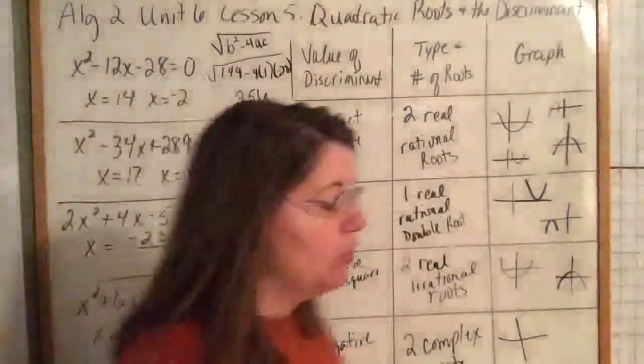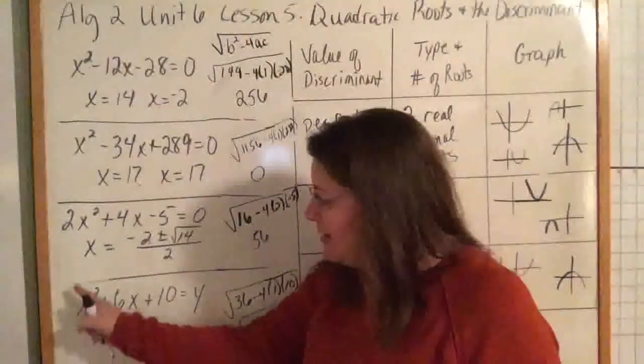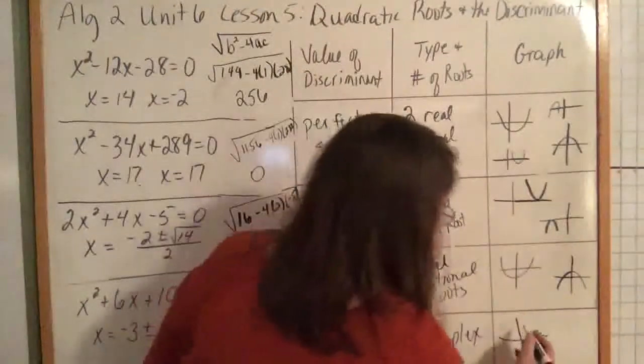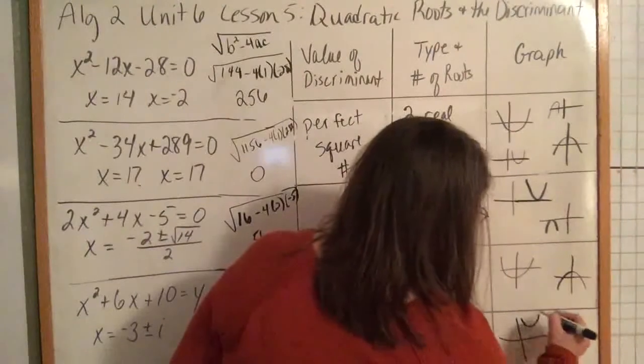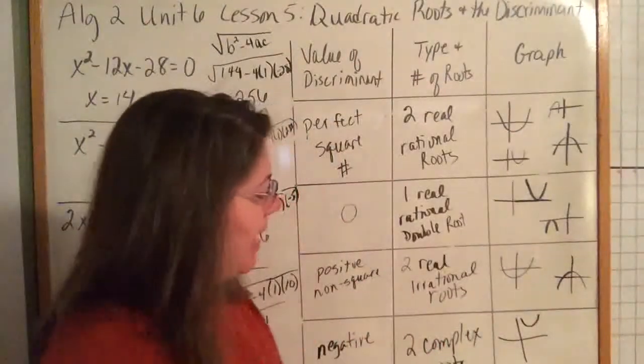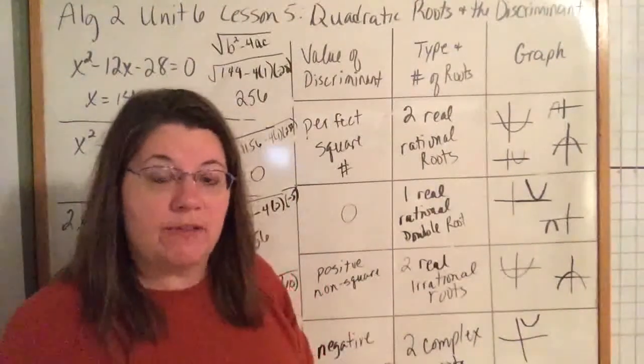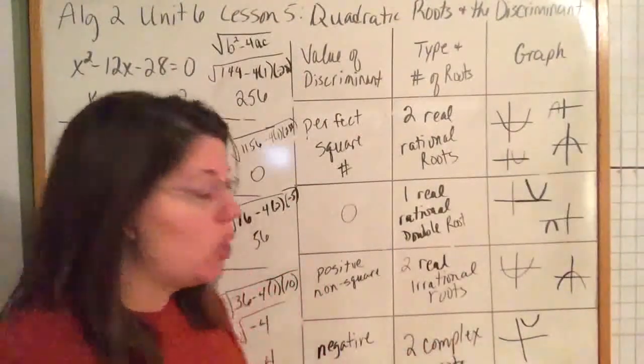Now if you look at this one, it had a positive a value, so I know it's going up, and my vertex has to be above the x-axis because it never actually crosses the x-axis. It's imaginary. We don't know where it is.